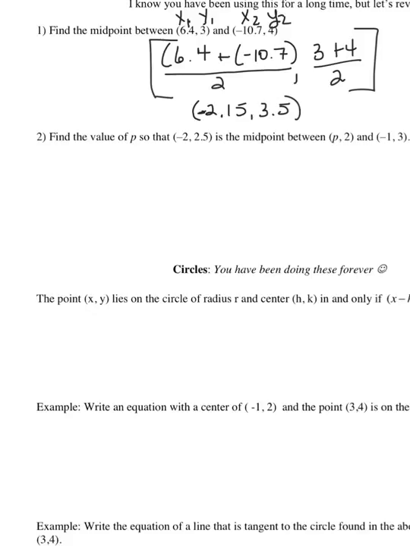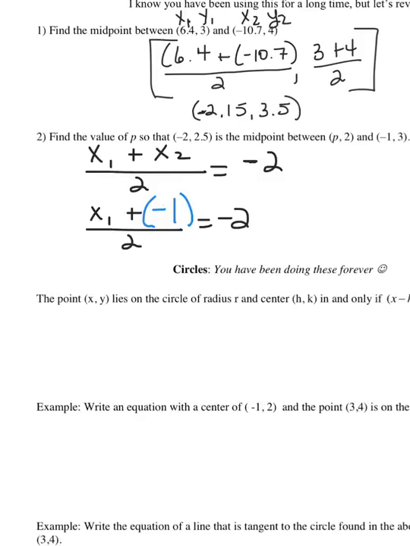All right, so we know that negative 2, comma 2.5 is the middle point. But we don't know x1. We do know x2. So all we're going to use this time is just the first part of our midpoint formula. We're going to try to find x1.